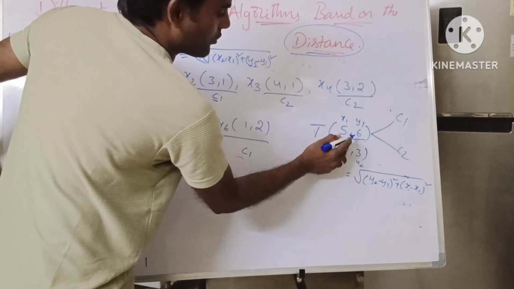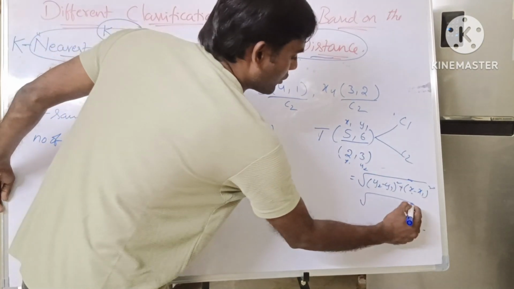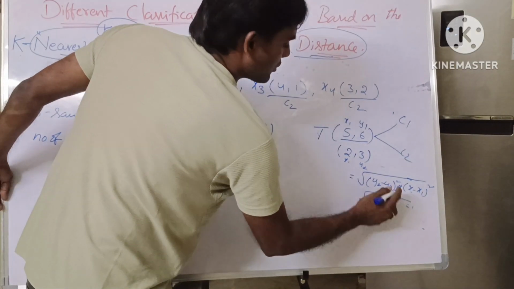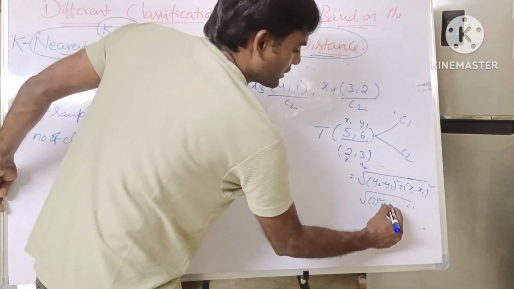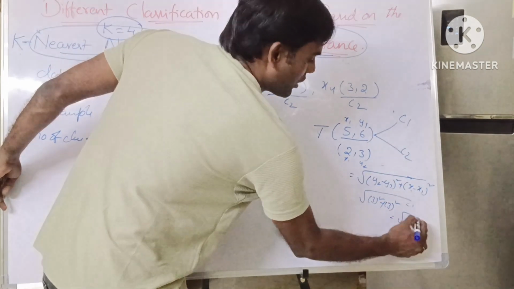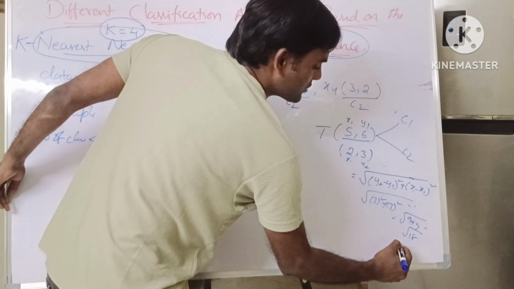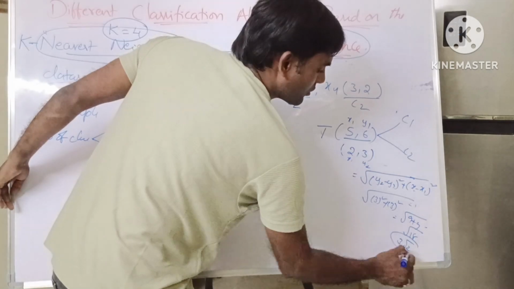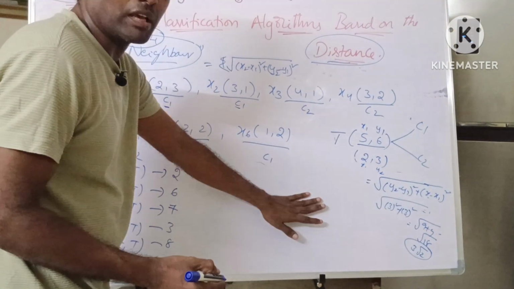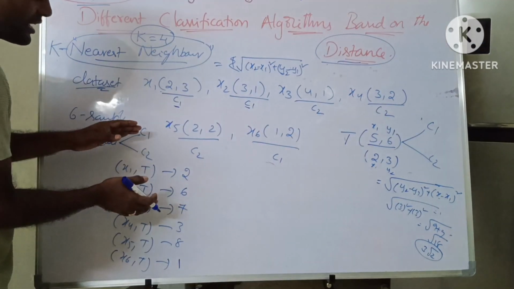Then y2 minus y1, so 6 minus 3, that means square root of 3 square plus 3 square. What is 3 square? That means square root of 9 plus 9, square root of 18. 18 means 3 root 2. Is it clear? But we can easily understand the purpose.